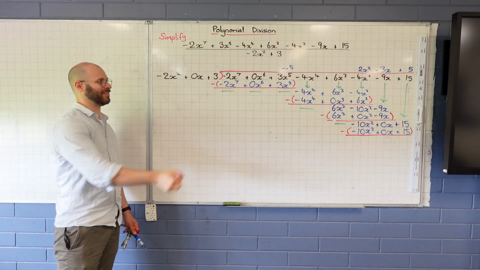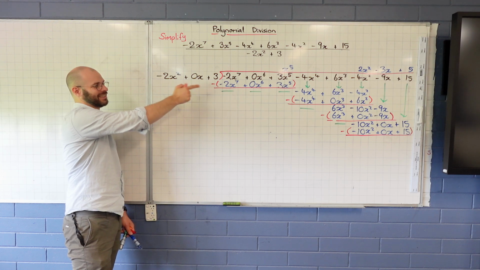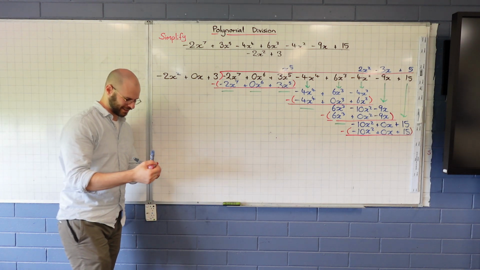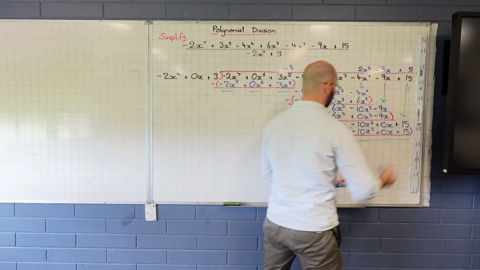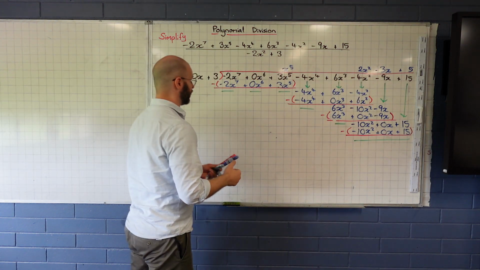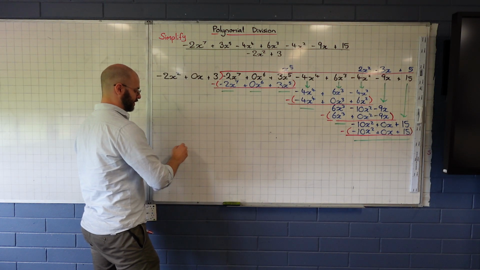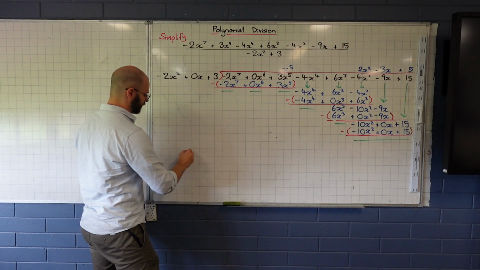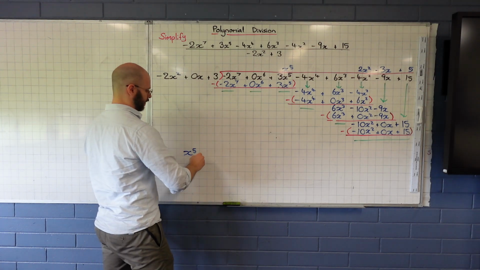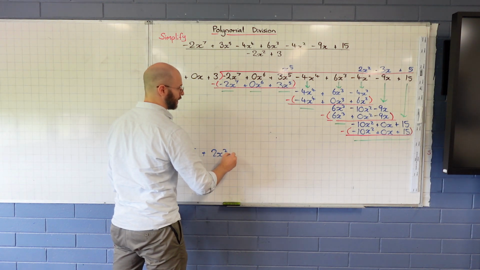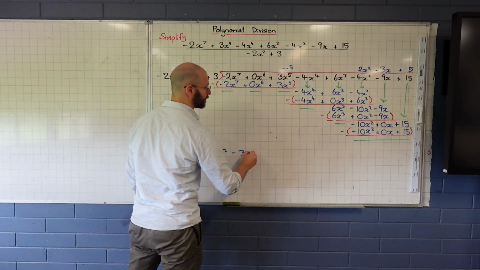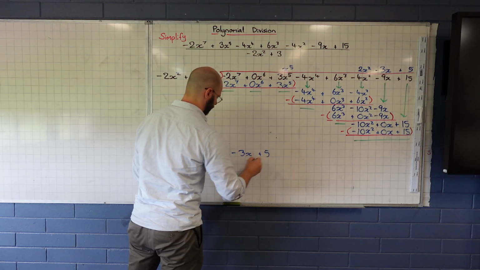Now I have to cancel out, but if I go back and check, I can see that it matches up. So they all cancel out. So the result of this is x to the 5 plus 2x squared minus 3x plus 5.